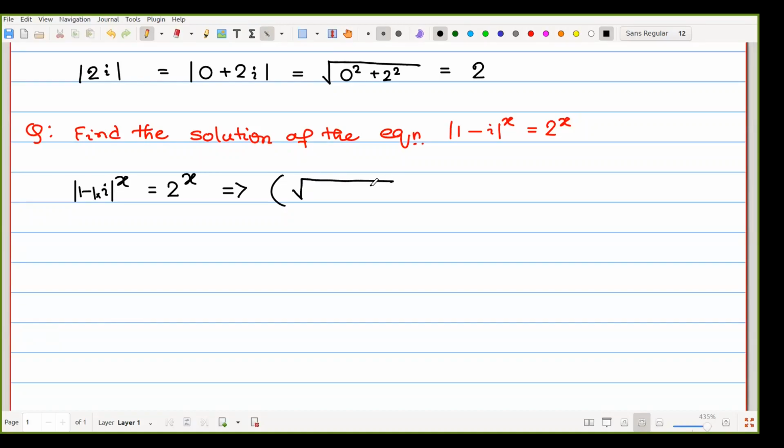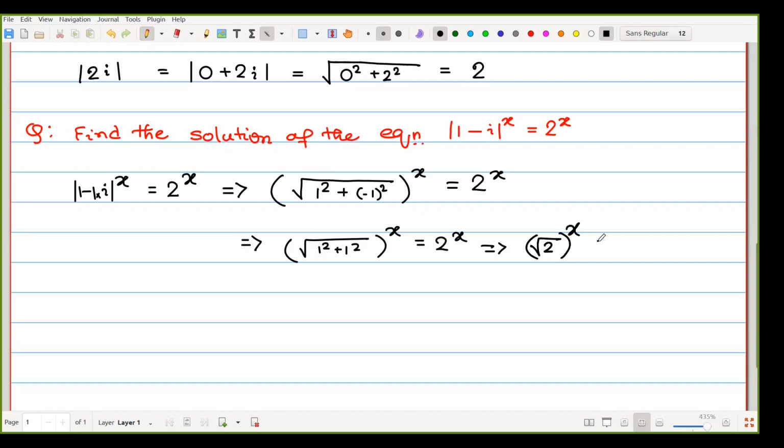So we can write it as square root of 1 square plus minus 1 square, its whole to the power x is equal to 2 to the power x, or that is square root of 1 plus 1, that means square root of 2, its whole to the power x is equal to 2 to the power x.